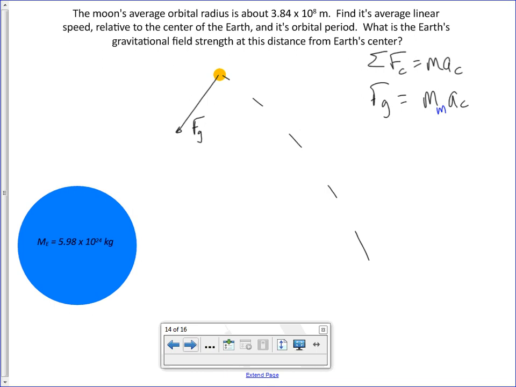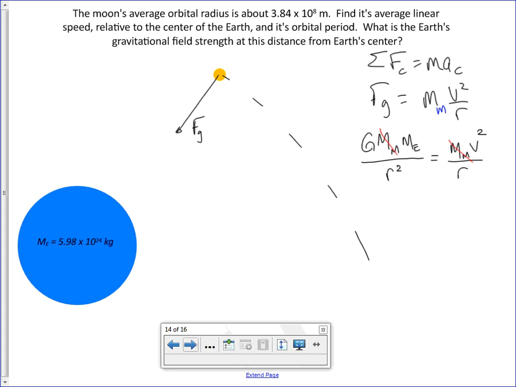Whoops, I shouldn't write ac. I should write v squared over r. Well, gravitational force, G mass of the moon, mass of the Earth, over separation squared equals mass of the moon, v squared over r.